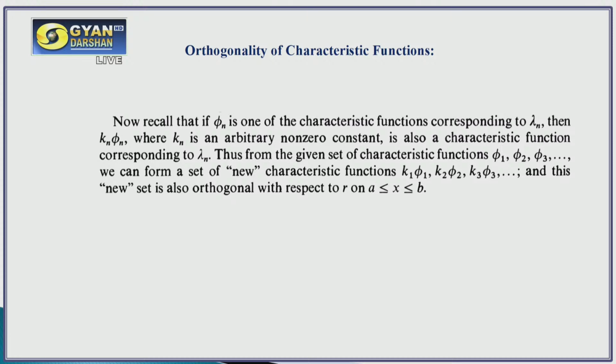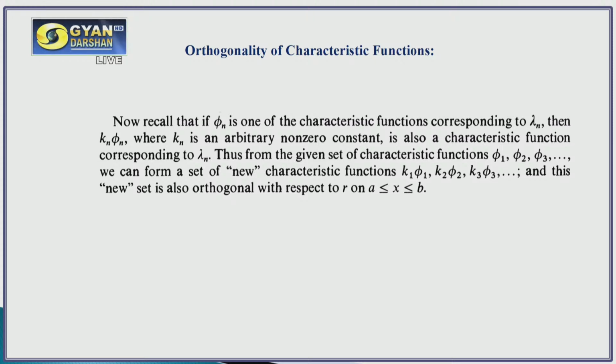Now let's see how we can build an orthogonal and then orthonormal set of characteristic functions. First we are trying to create an orthonormal set of characteristic functions. We have already seen in the previous example what the phi n are for a particular example.